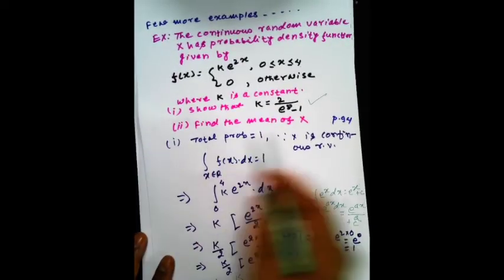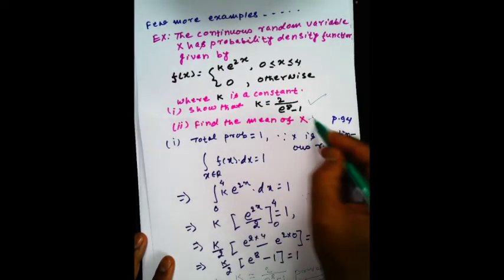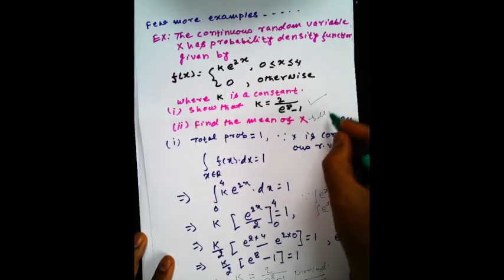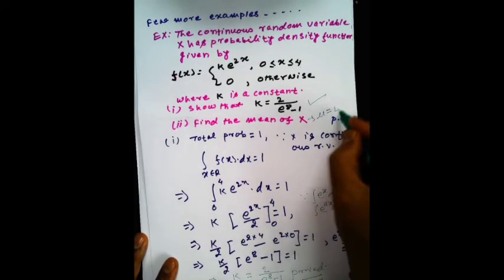And next it says to find the mean of x. That means you have to find the mean of that distribution, and it can be written as mu equals E(x).